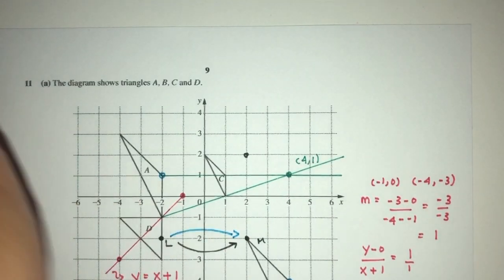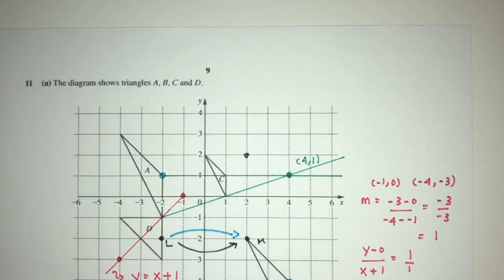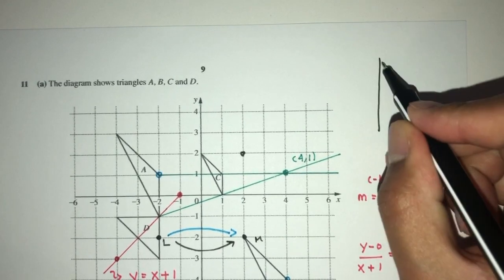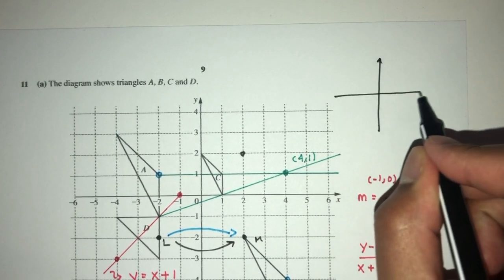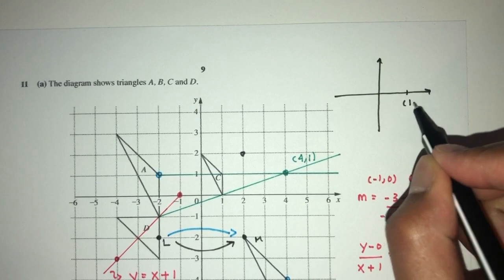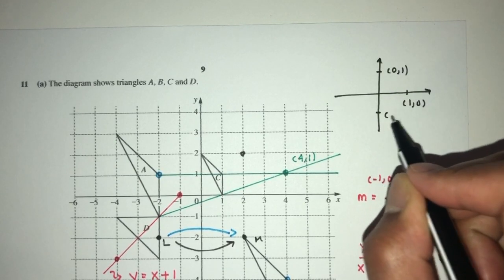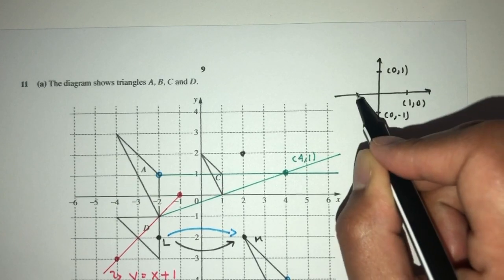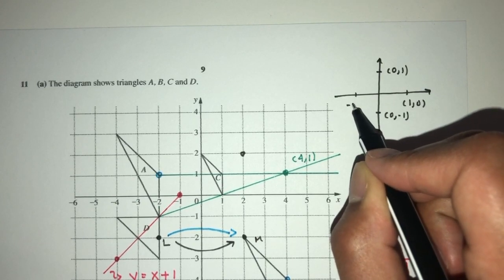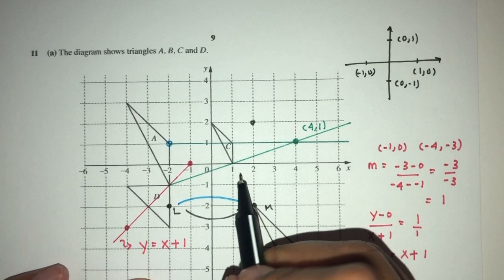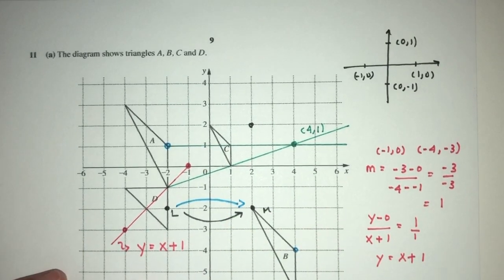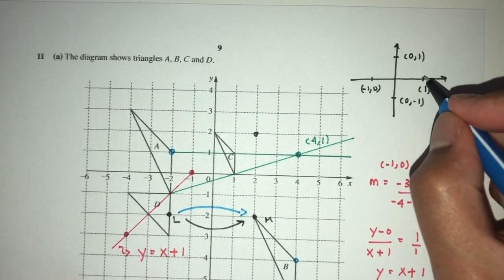Again, the same method we used before. Using the axes y and x, begin with this point, which is (1, 0). This is (0, 1), then this one is (0, -1), and this one is (-1, 0). Now, we always begin with this one.